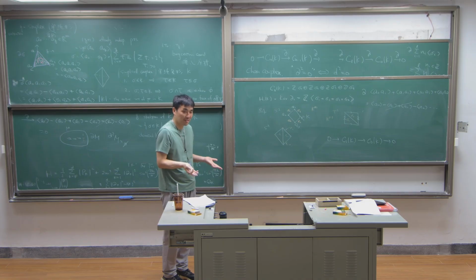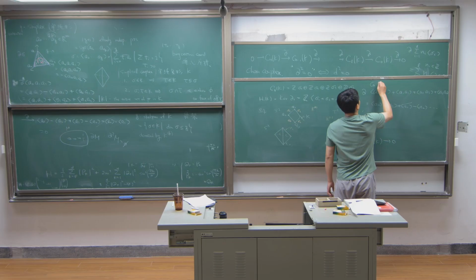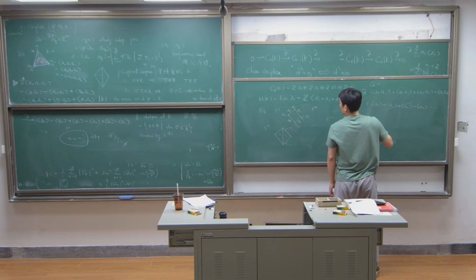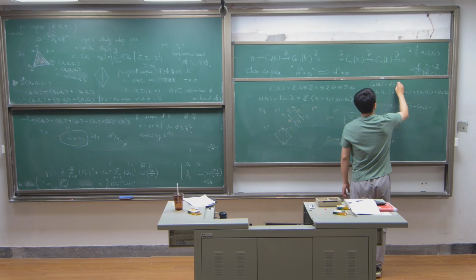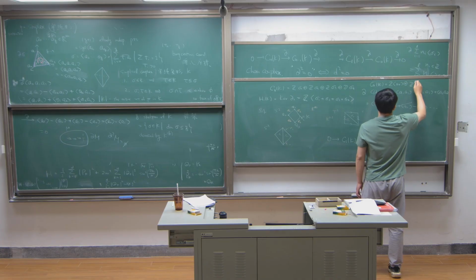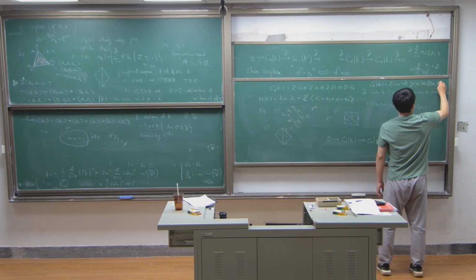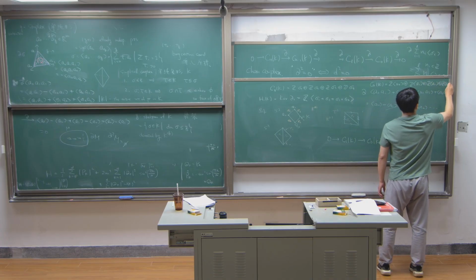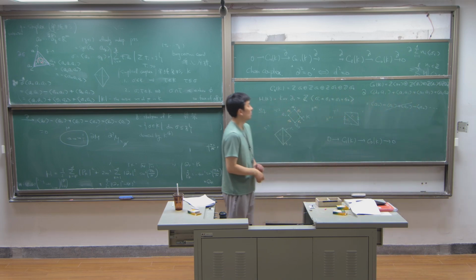How about C0? C0 of K is like this way, 4-dimensional.